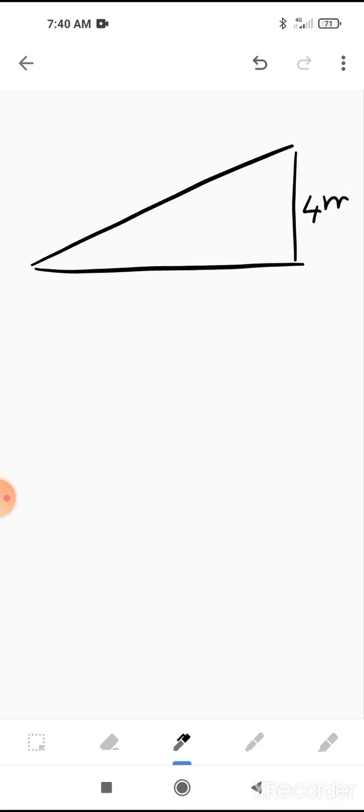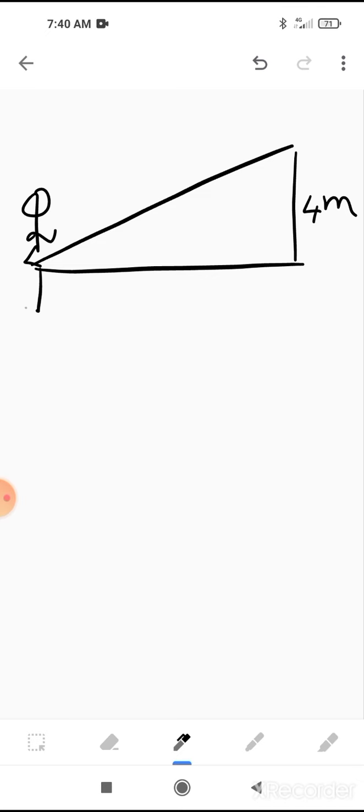Next question. A man weighing 500 Newton carried a load of 100 Newton up a flight of stairs 4 meter high in 5 seconds. What is the power? Here a man is climbing the stairs. The vertical height of the stairs is 4 meter.